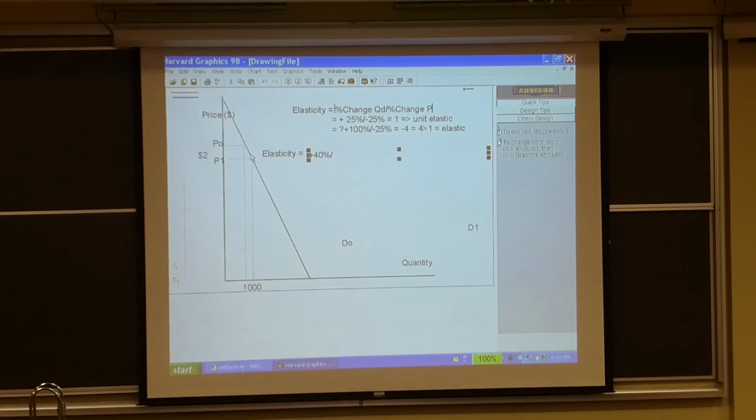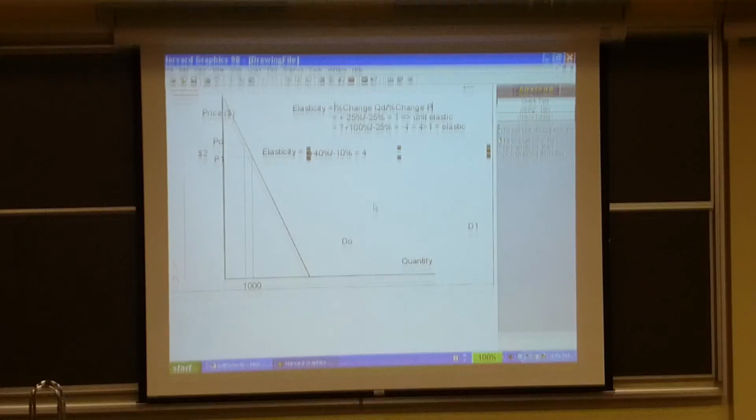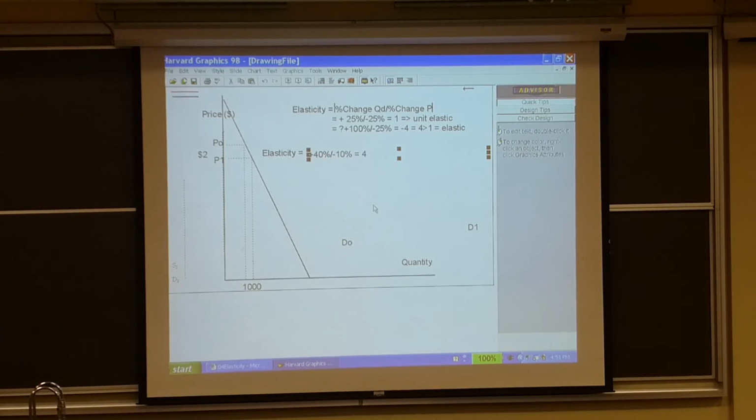Is it a fall of 15.265%? What do you think it is? 10%. Everybody? Very comfortable. 10%. Minus 10% implies, talking about absolute value, elasticity is 4. It is elastic. Okay, good.